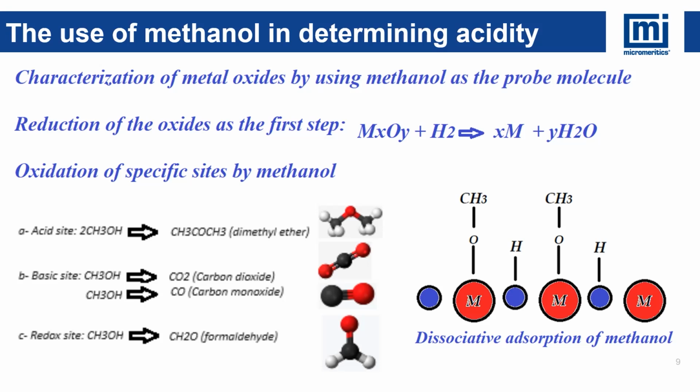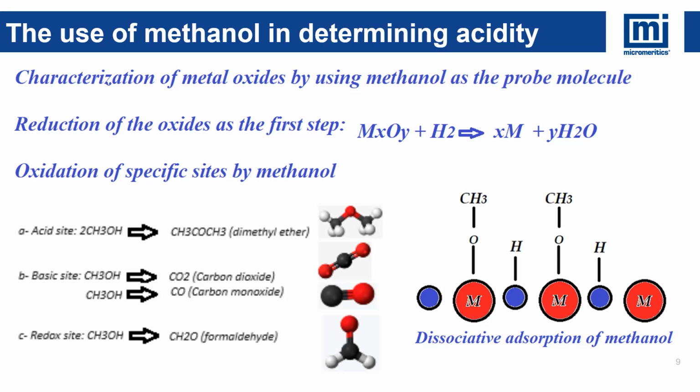So we saturate the sample with methanol, and we start decomposing it by increasing the temperature as we did before. So if we have acid sites, the methanol is going to give us dimethyl ether. So we follow the dimethyl ether by the mass spectrometer. If we see dimethyl ether formed, it's because we have acid sites on the catalyst.